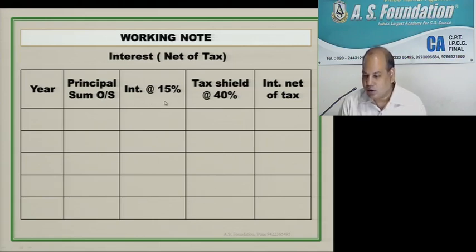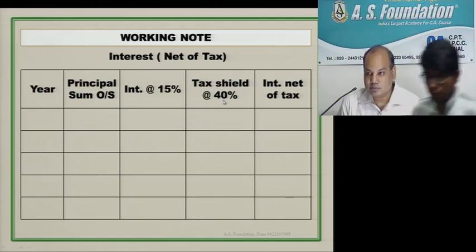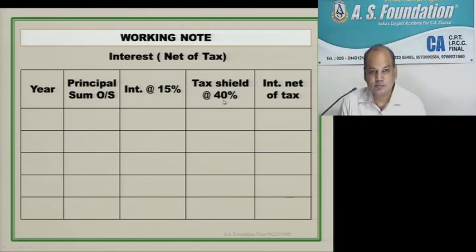Third write down interest at the rate of 15%. Fourth write down tax shield at the rate of 40%. And fifth write down interest net of tax.